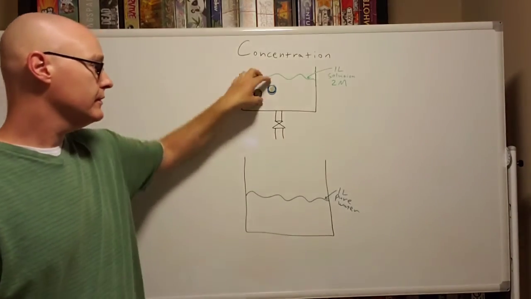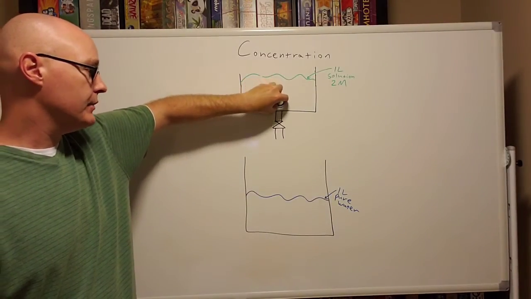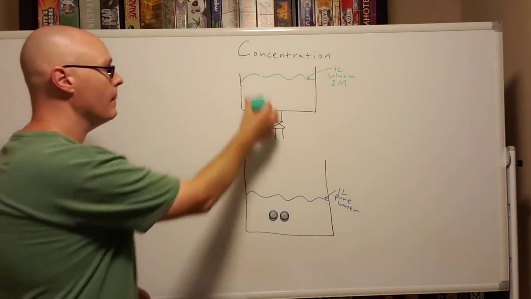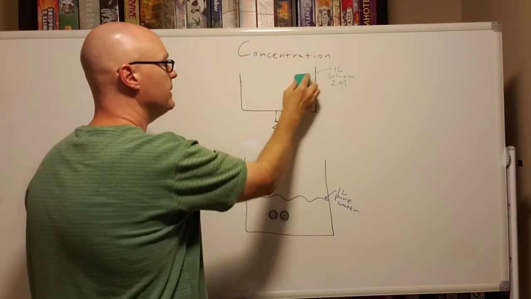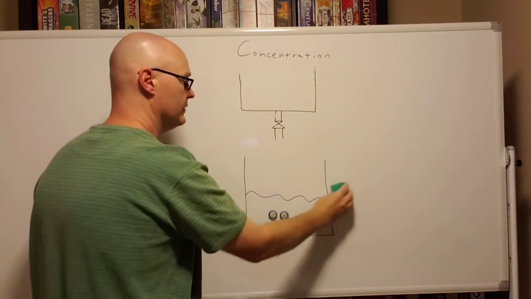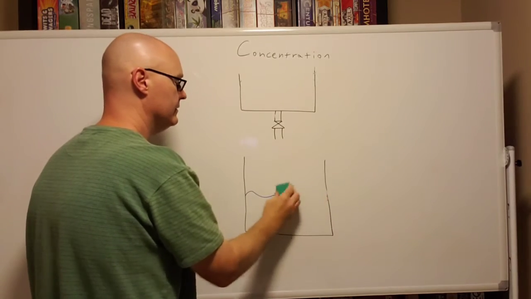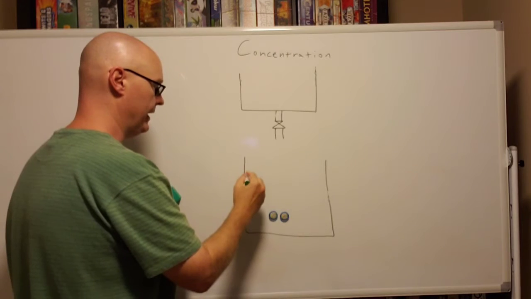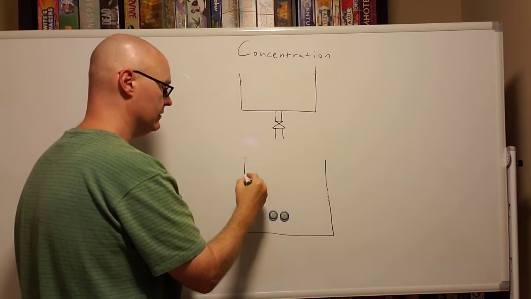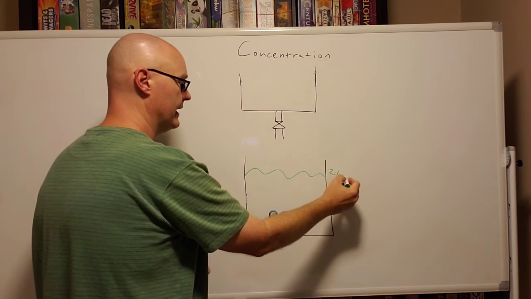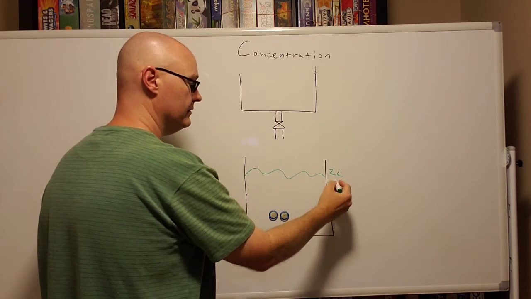So we open this valve, all of the contents drain down below. This is now empty. This is no longer 1 liter of pure water. We now have 2 liters of the new solution.